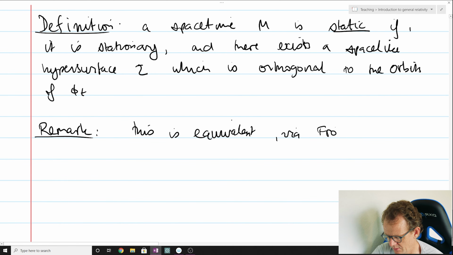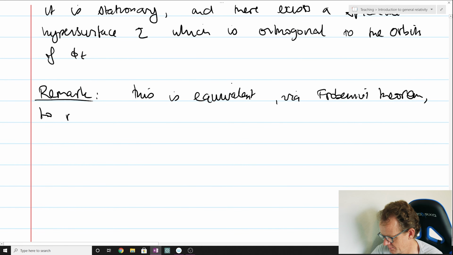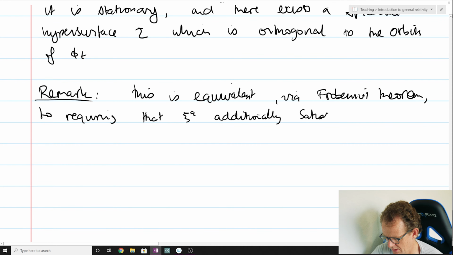So Frobenius's theorem on integrability tells us that this is equivalent to requiring that this time-like Killing vector field, psi A, additionally satisfies this equation here.